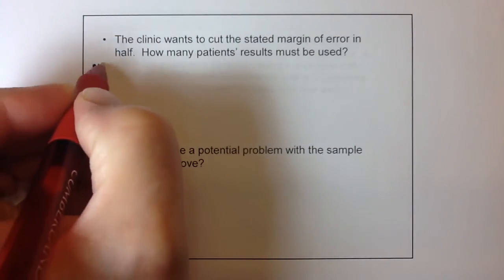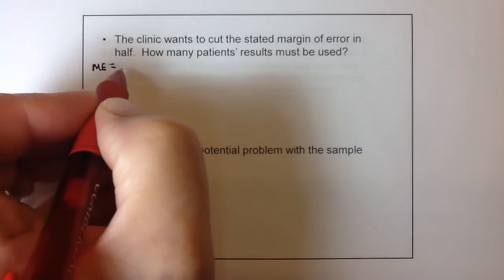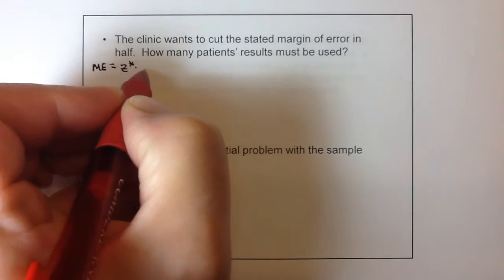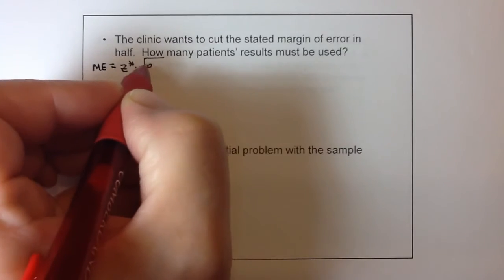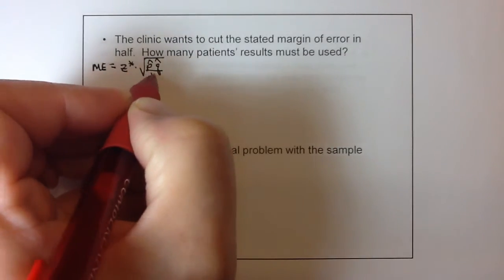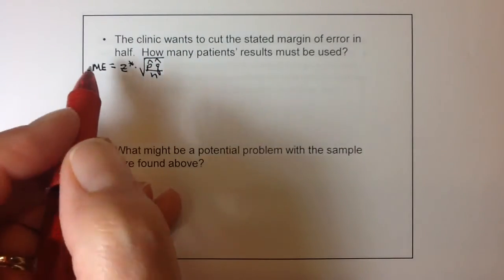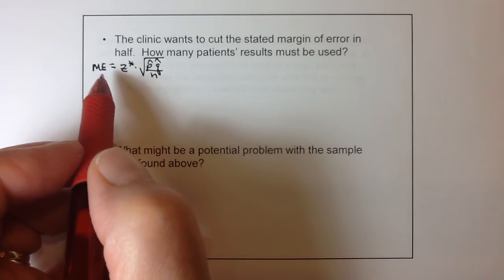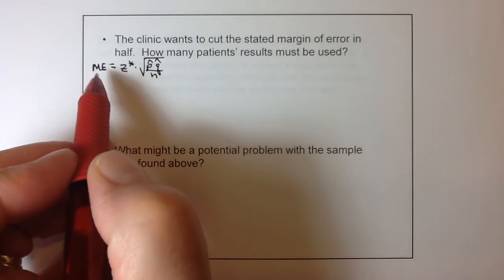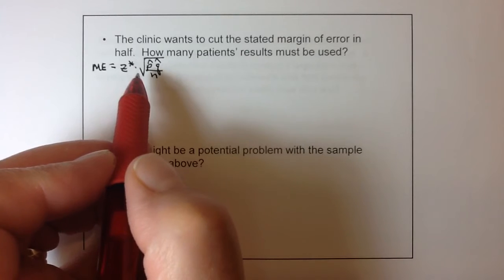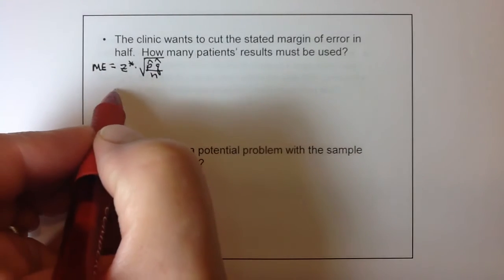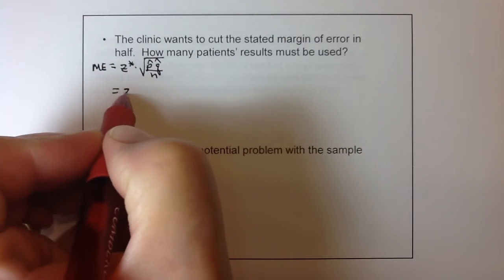Okay, so margin of error is z star times the square root of p hat q hat over n. So that's the formula for margin of error. I'm trying to cut it in half. So if the left side needs to be half as big, the right side needs to be half as big to keep the two sides equal. Well, let's just play with some numbers.